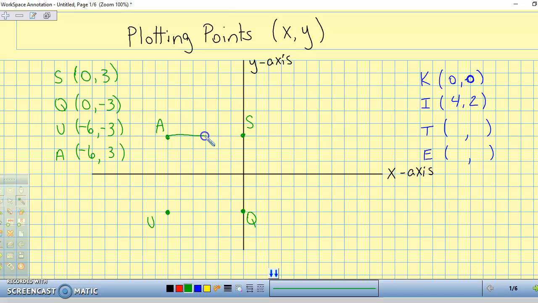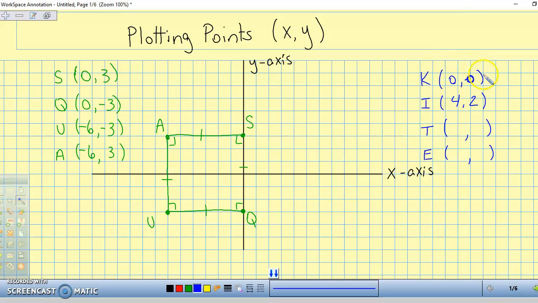So if you connect all of that, that is a square. These are all right angles, and the sides are all congruent. Again, this is reviewing how to plot these points.